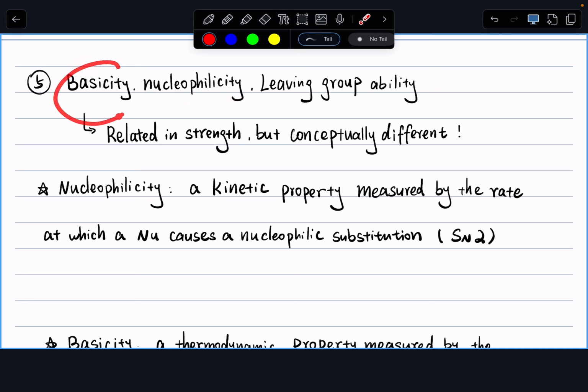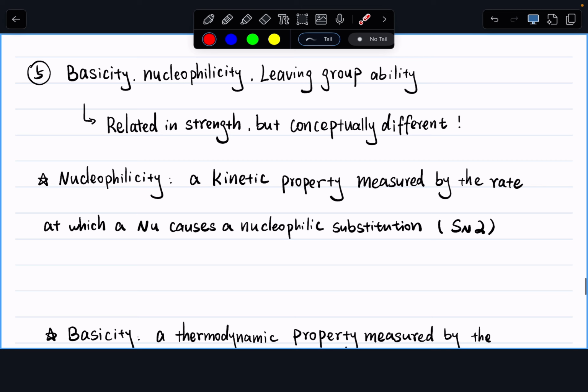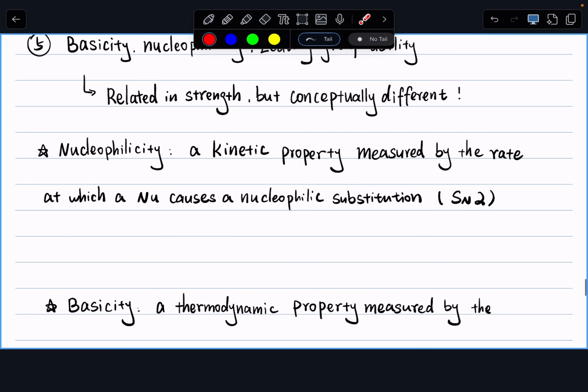So basicity here is specified for the Bronsted acid-base reaction. Here's the difference. When we're talking about nucleophilicity, it is a kinetic property measured by the rate at which a nucleophile causes a nucleophilic substitution reaction.